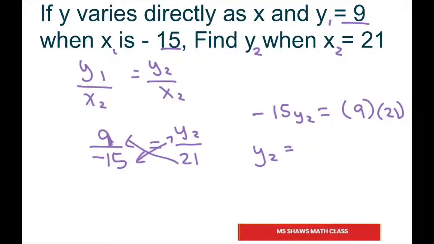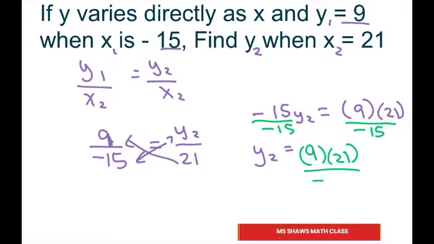So if I divide this by negative 15, this by negative 15, we get 9 times 21 divided by negative 15. If you put that in the calculator, our answer is going to equal negative 12.6. Or you could reduce this out and do it singularly and reduced.